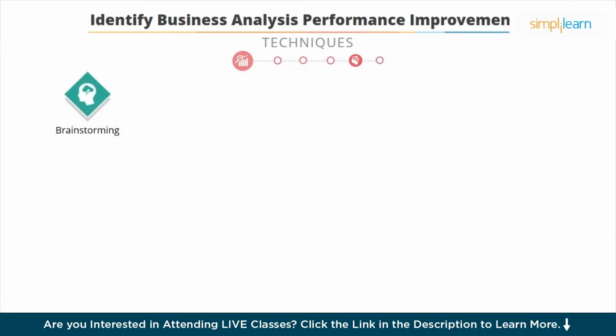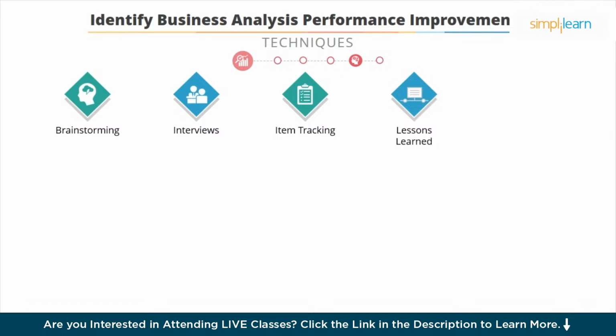The brainstorming technique may be helpful in generating ideas for improvement. The interviews technique is used to assess business analysis performance. Item tracker is used to track any issue raised by the stakeholder during the business analysis performance improvement process. Lessons learned is used to identify recommended changes which can be incorporated in the current initiative. Metrics and key performance indicators, or KPIs, are used to determine appropriate metrics to assess business analysis performance.